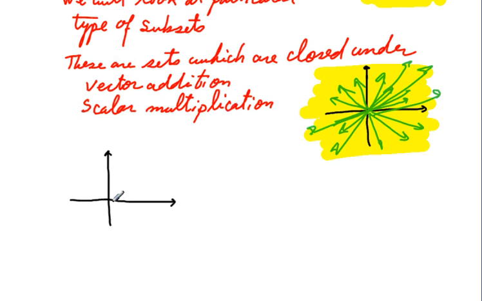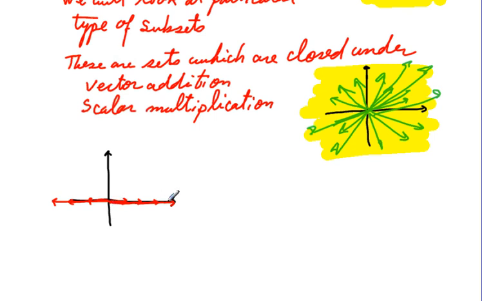Let me draw some example. Would this one, consider all vectors that are lying down here? Would these vectors have the property of closure under vector addition?